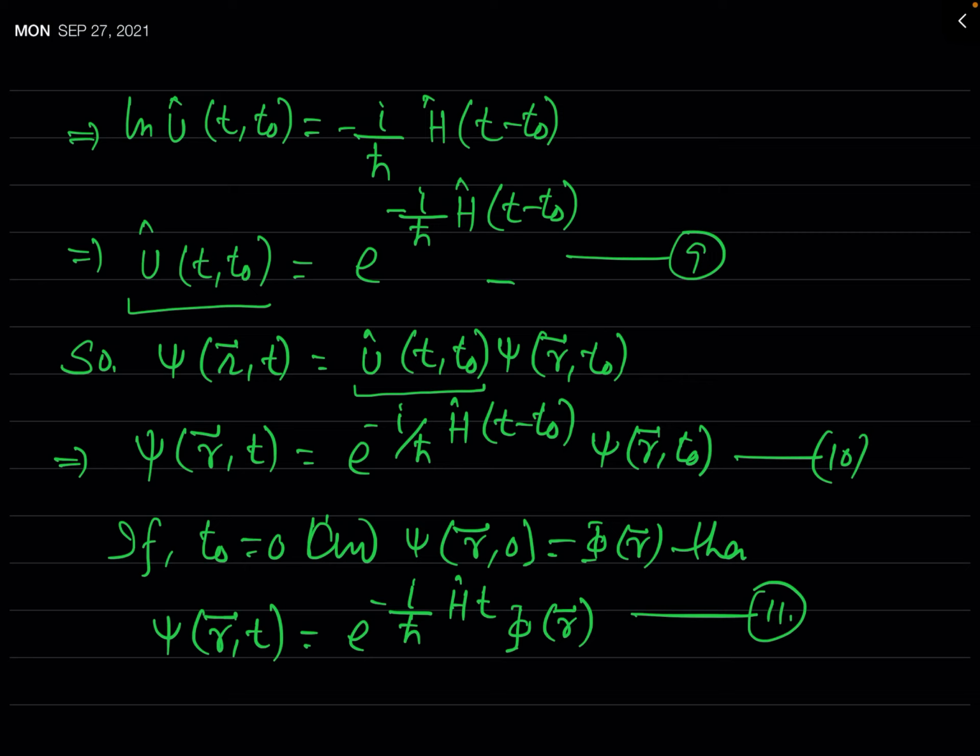And this equation is actually very useful. When this phi is expanded in terms of the complete set of eigenvectors of the Hermitian operator H hat, you get the eigenvalue equation, and that eigenvalue equation is simply the Schrodinger time-independent equation.